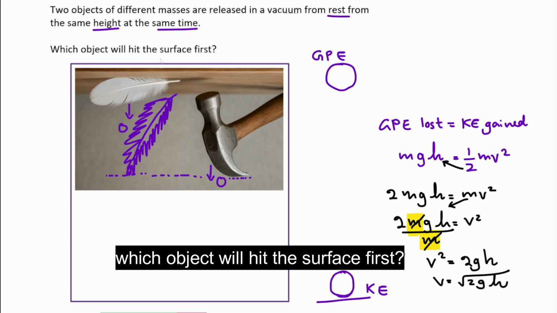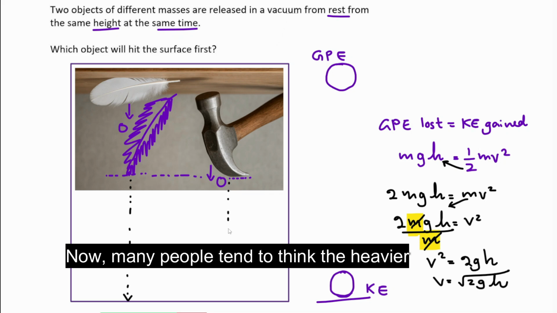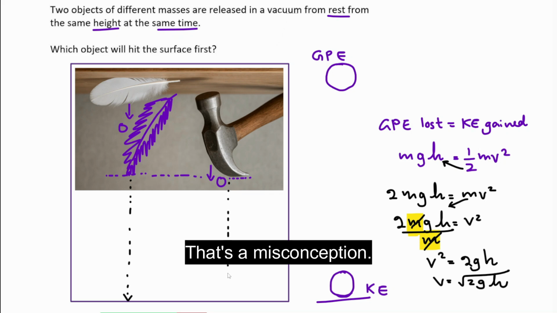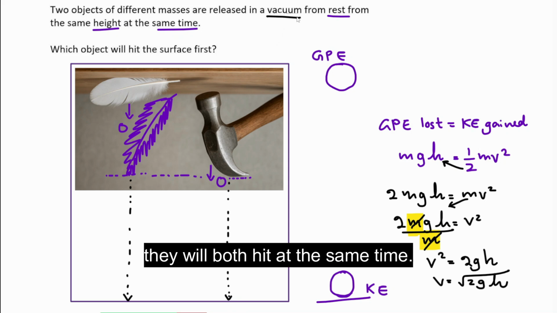So which object will hit the surface first? They will both hit the surface exactly at the same time. Many people tend to think the heavier ones will hit first. That's a misconception. In a vacuum, they will both hit at the same time.